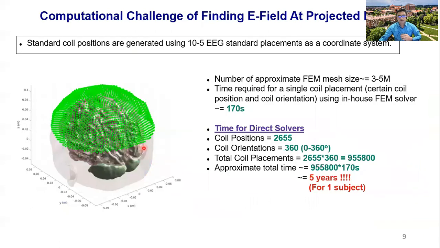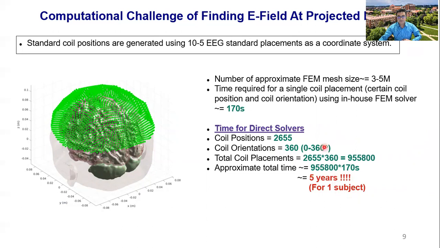Okay, so we have solved our challenges, but there is still a computational problem. We have chosen over 2,655 positions for optimizing the coil orientation across the whole head and across multiple subjects. And each of those positions has 360 coil orientations. But solving the electric field for each of these combinations will take roughly over 5 years for a single processor and for a single subject.